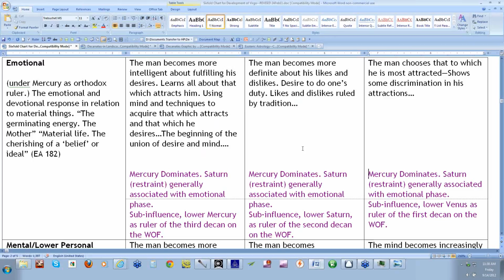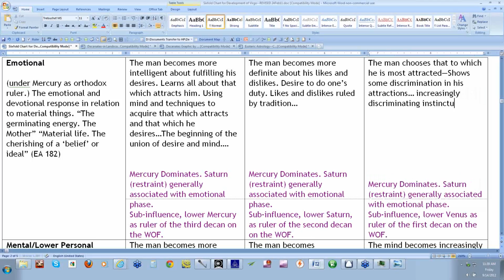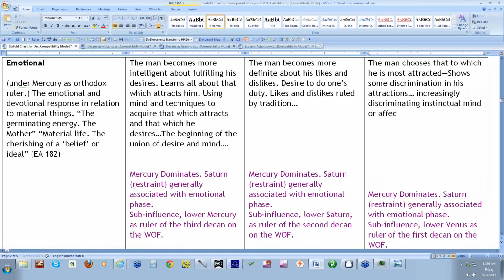There are some strictly Atlanteans and a very small scattering of Lemurians. We are in the Atlantean stage here, and Venus gives us, what did he call it, instinctual mind or affection. So let's call this increasingly discriminating instinctual mind or affection.